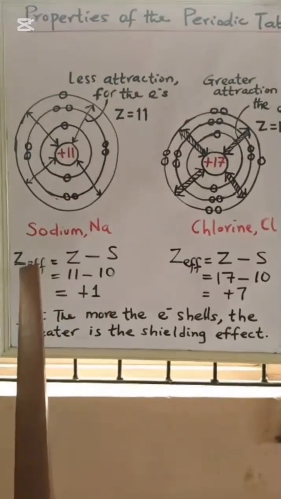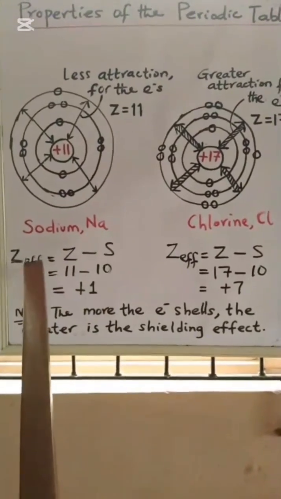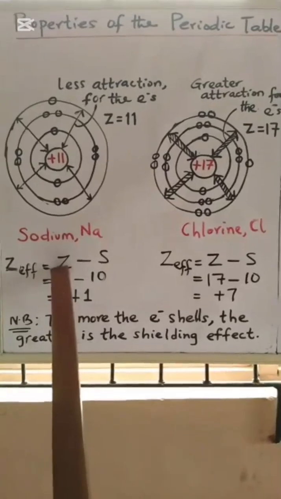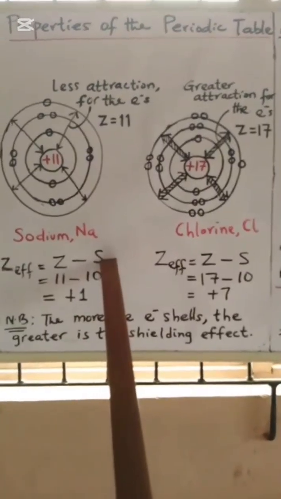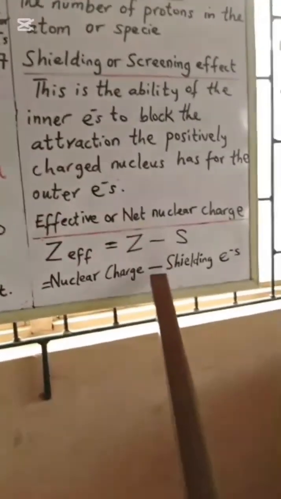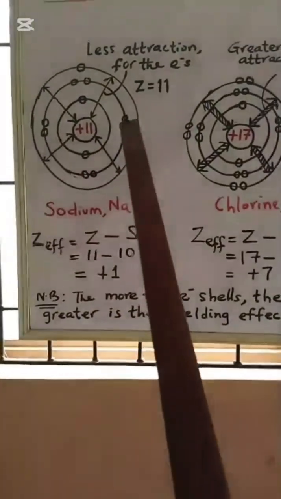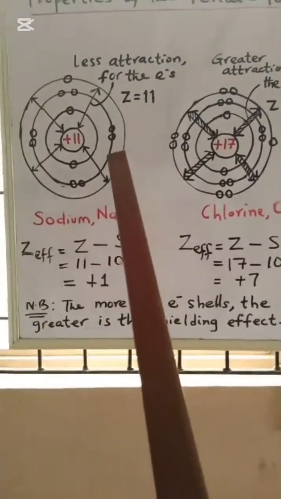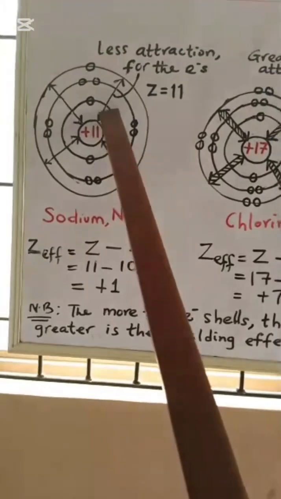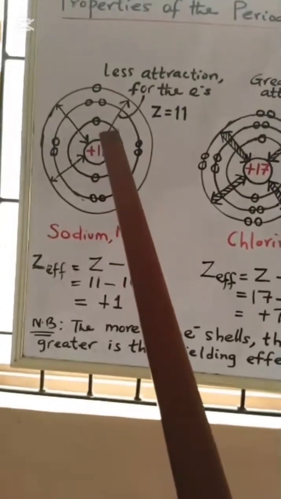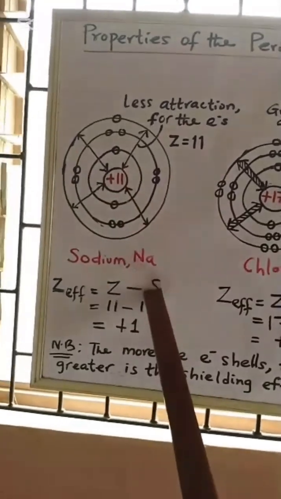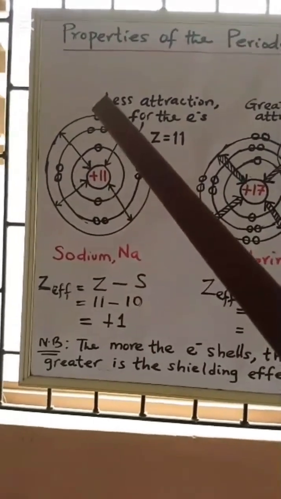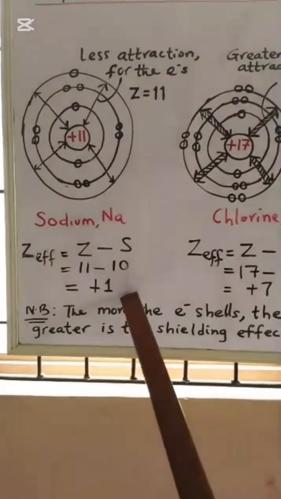So the effective nuclear charge is the nuclear charge, which is 11, minus the shielding electrons. Shielding electrons are simply the electrons that are not in the outermost shell. So for sodium, just count 2 in the innermost shell, plus 8, that gives you 10. We only have 1 valence electron. So 11 minus 10 will give you plus 1.